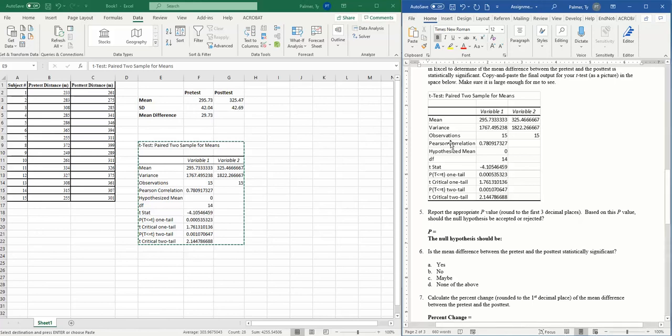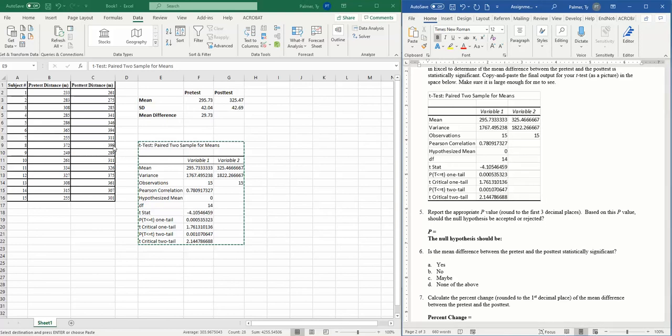The Pearson correlation, that's the next statistic here in our final output. If you take a look at the PowerPoint, it talks about this. When we conduct a dependent samples t-test, there is a correlation between the pretest and the post-test scores. And that should make sense. Please refer to the PowerPoint for more details on this concept.